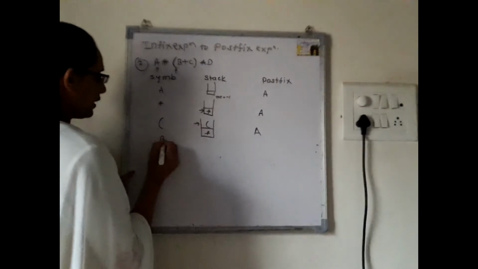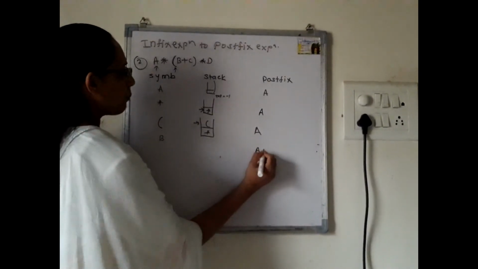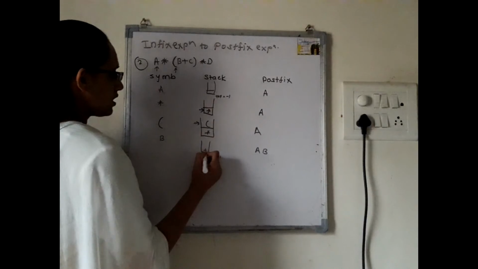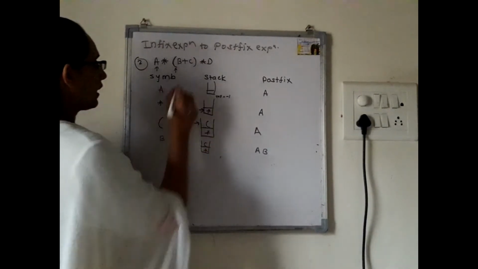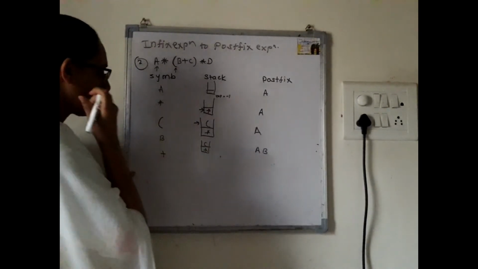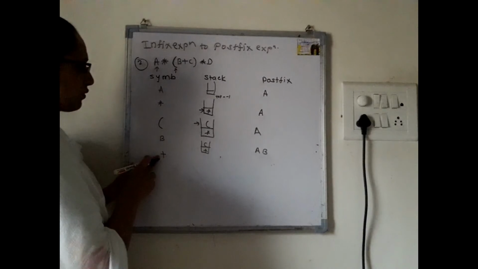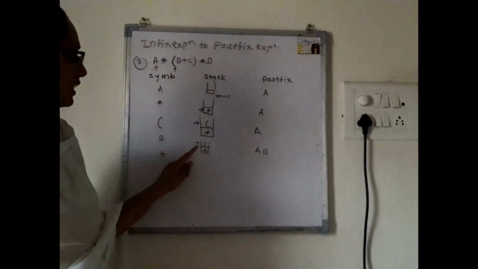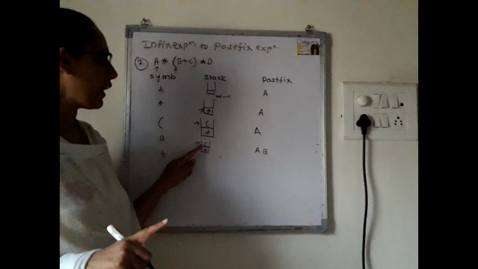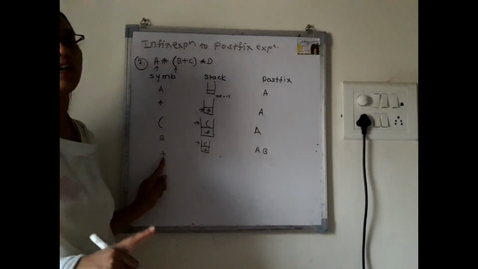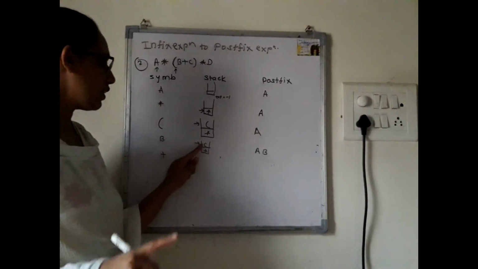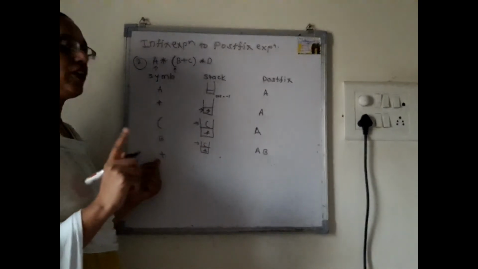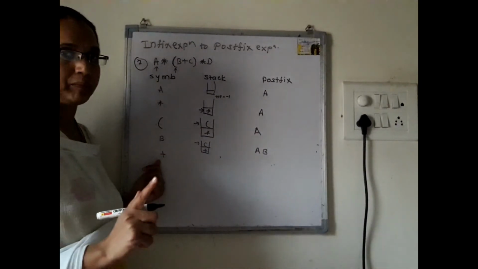Then next is B. B is again an operand, so it will go in the postfix expression. This is star and this is the opening bracket. Next is plus. Plus is an operator, so we are going to push it into the stack, but we check the in-stack priority of the opening bracket and the incoming priority of plus. The in-stack priority of the opening bracket is 0 and the incoming priority of plus is 1.